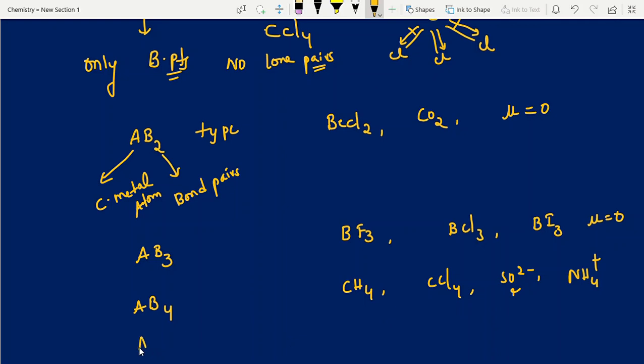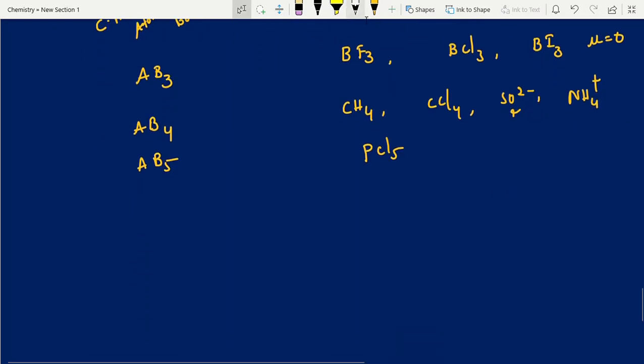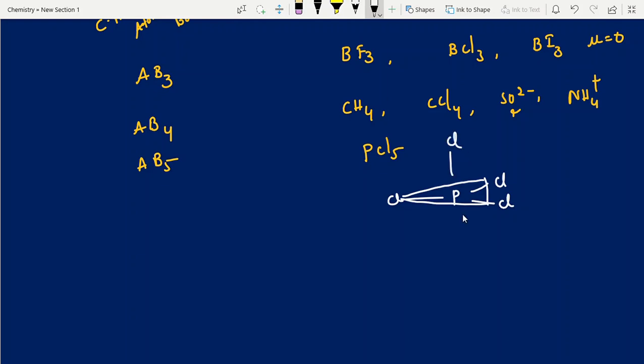Next AB5, the best example is PCl5. See, all the dipoles cancel each other. PCl5 is trigonal bipyramidal. This is trigonal, and bipyramidal means one above, one below.